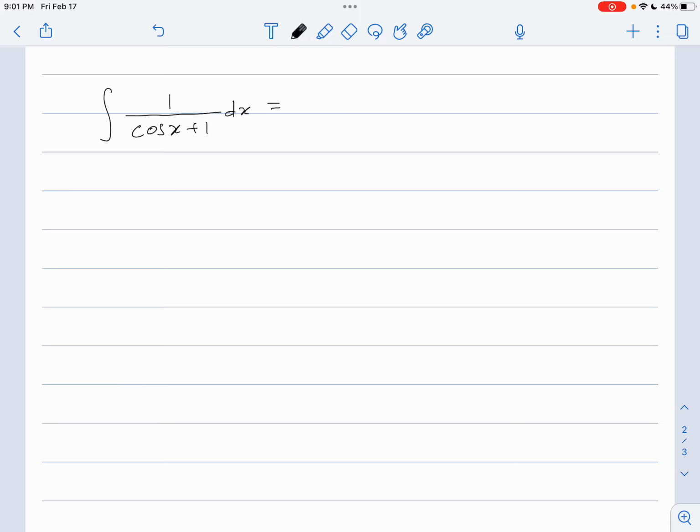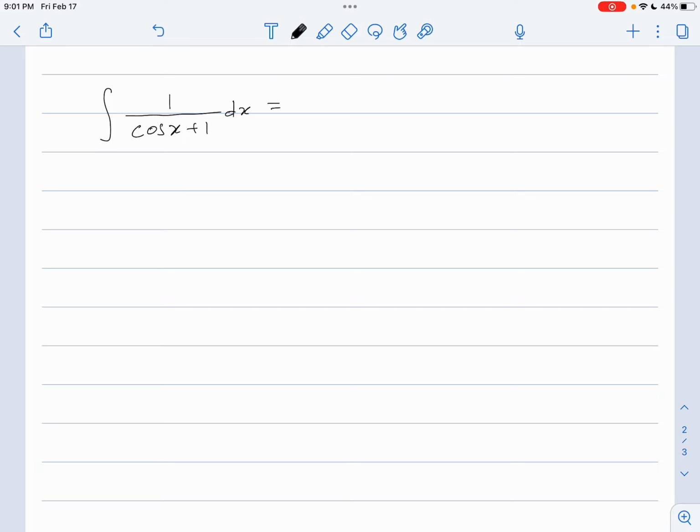I remember that there is an identity for trigonometric functions that says sine squared of x plus cosine squared of x, no matter what the value of x is, is equal to 1.